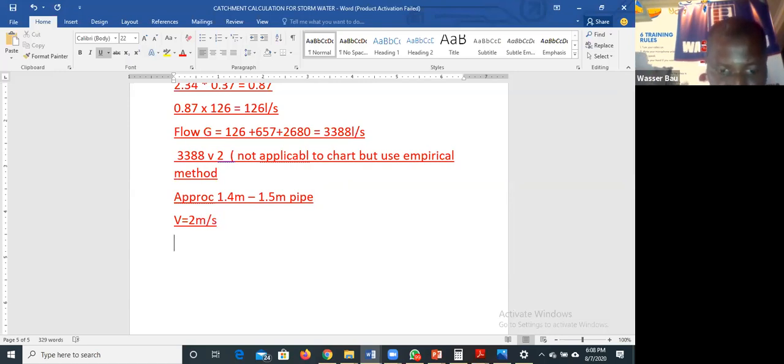Therefore, Q is equal to AV, 3388 is equal to A times 2. Therefore, A is equal to something around 1.6, I think so. This is empirical.